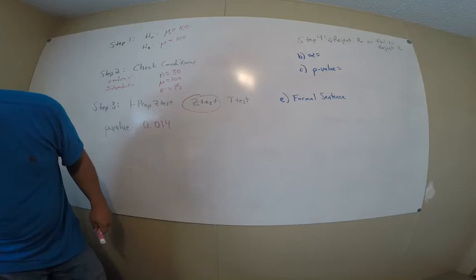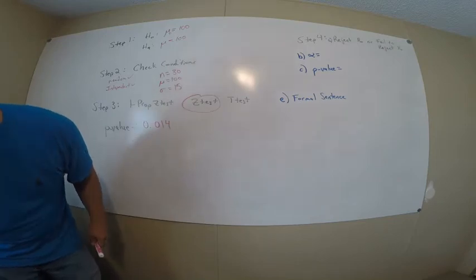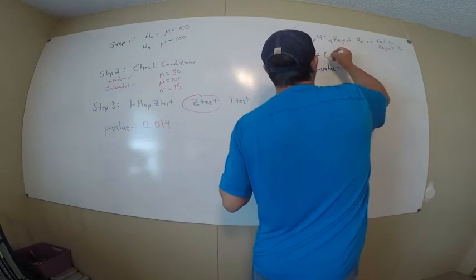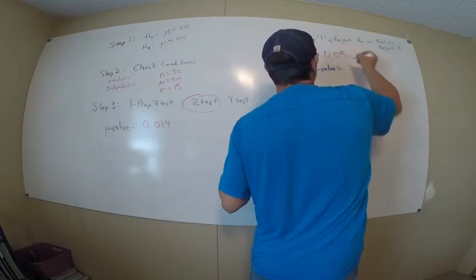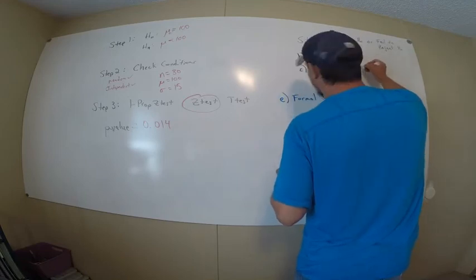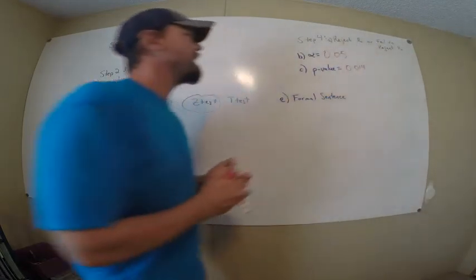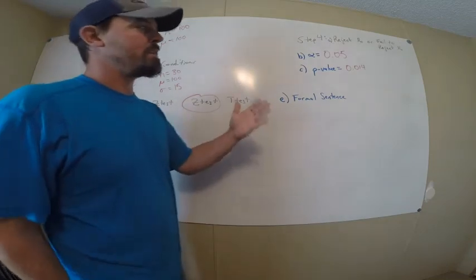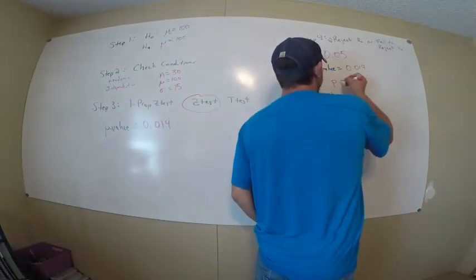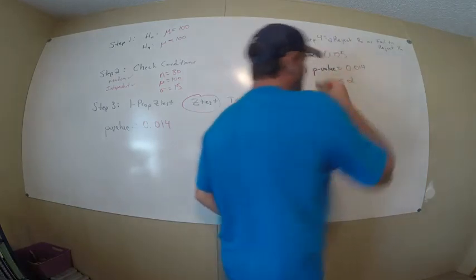Let me double check the alpha value we decided to use here. The alpha value we decided to use here is 0.05. So alpha is 0.05, your p-value is 0.014. So if we're looking at it here, which one's smaller? So here, p is less than alpha.